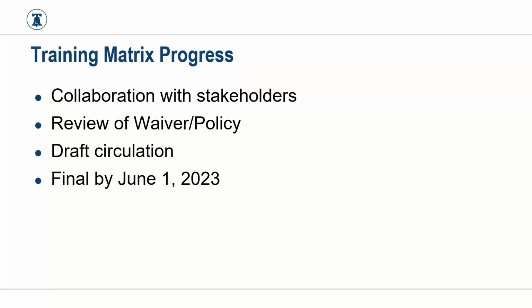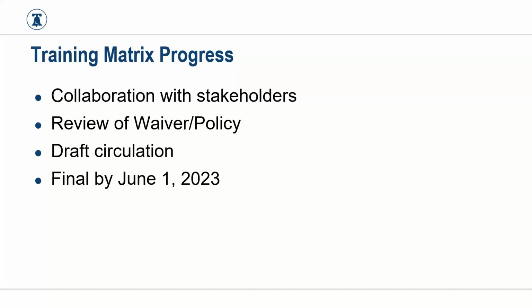So my goal and my team's goal is to get this draft matrix out to partners, you guys, within the next couple of weeks for you to give us some feedback. We'll probably try to schedule a feedback session to get some ideas, see how it feels, see if you feel like it's going to meet your need, if there's anything else we need to add.